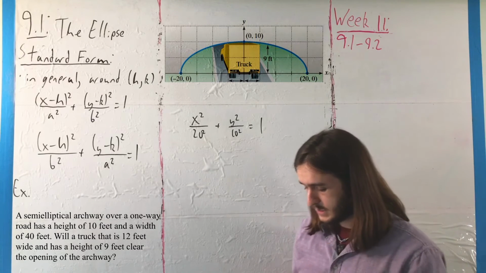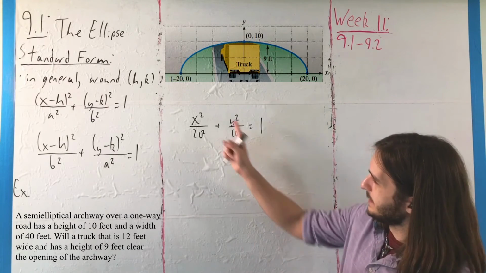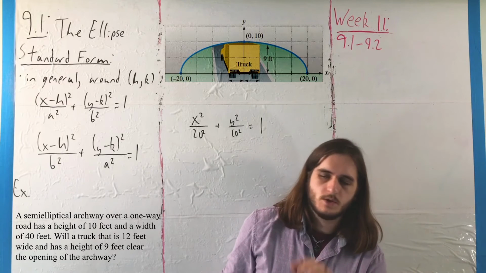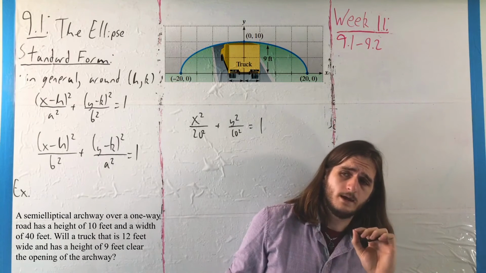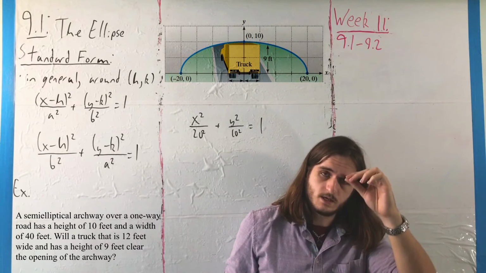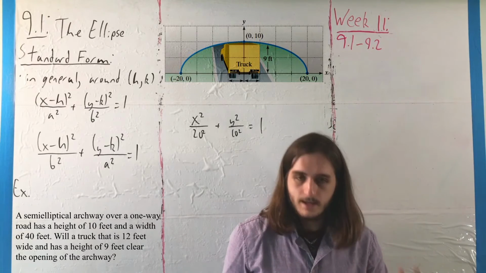And from here, what we want to do is think about what happens with the truck, where we can think of either side as behaving in sort of the same way. So we'll take the positive side and know that it is 6 feet away from the center. So we have an x value of 6, and we want to find out what the y value would be in that case.